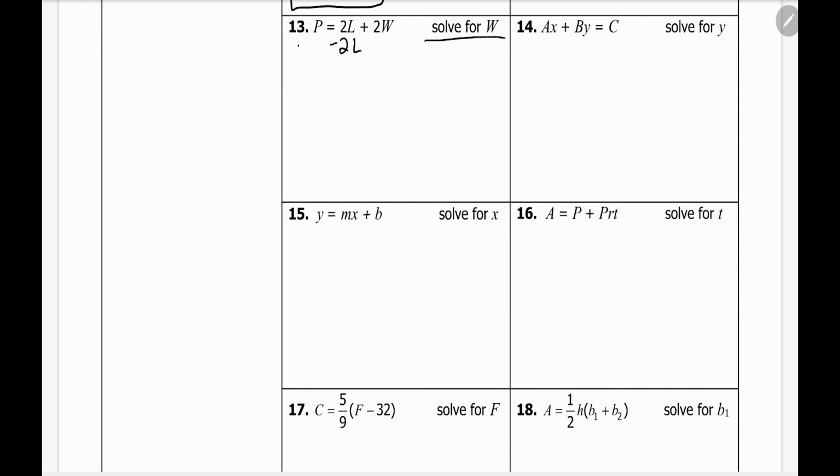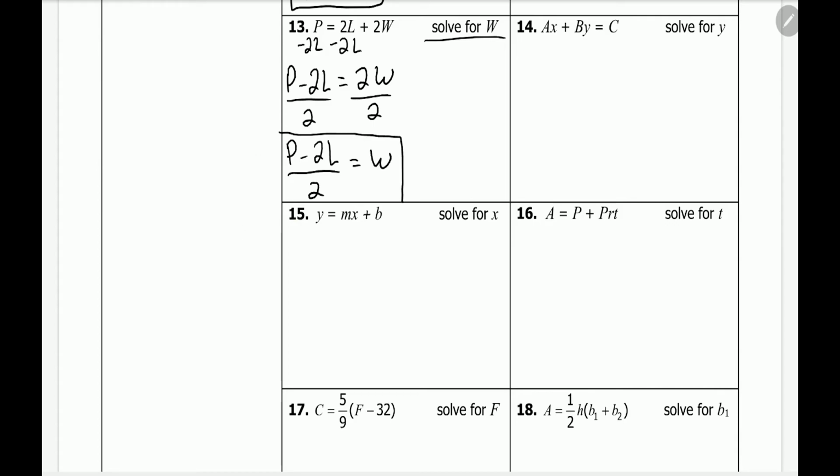So we have to subtract 2L from both sides. We now have P minus 2L is equal to 2W. And since we're looking for W, we have to get rid of the 2. So that means we have to divide by 2 on both sides. So we're left with P minus 2L over 2 is equal to W. Since W is what we're looking for and it's isolated, that's our final answer.